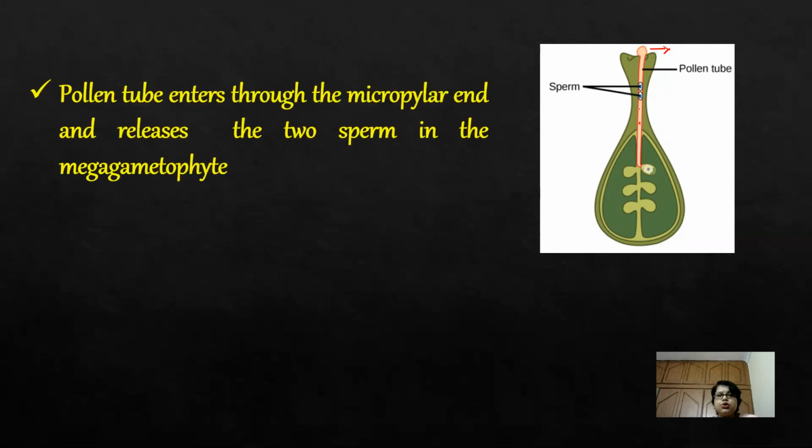Now see, this pollen grain has absorbed moisture and the pollen tube germination has taken place over here. The pollen tube enters through the micropylar end and then it releases the two sperms into the megagametophyte.